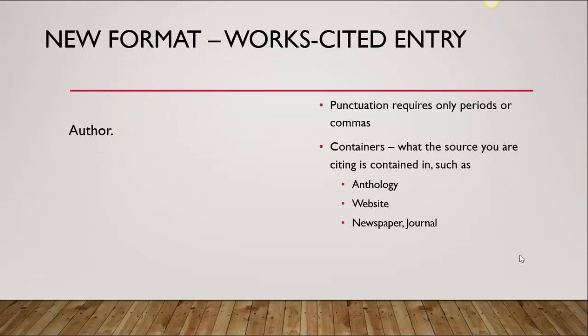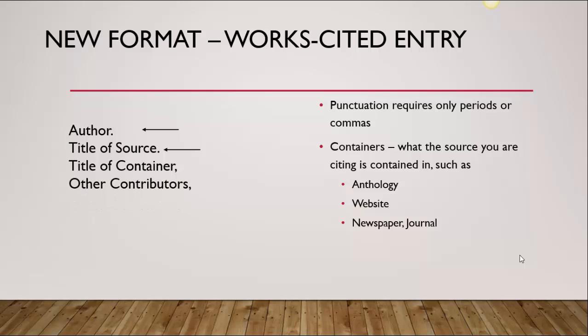Now, MLA has decided to update their citation guidelines to make citing easier. Still needed is some basic bibliographical information when you're creating your works cited entry for a source. The author, if there is one. The title of the source. You will also need the title of the container, and that's something we'll talk about in just a little bit.